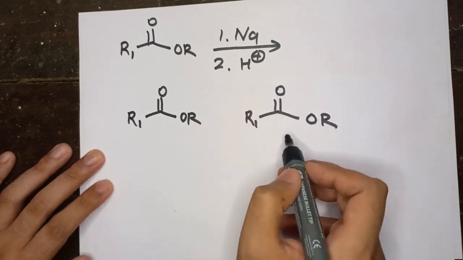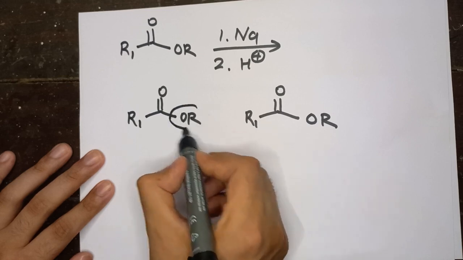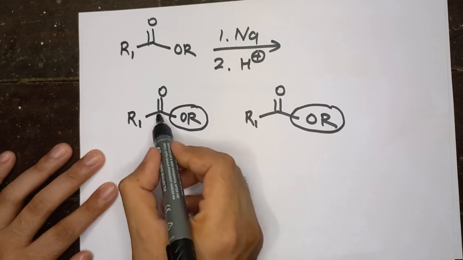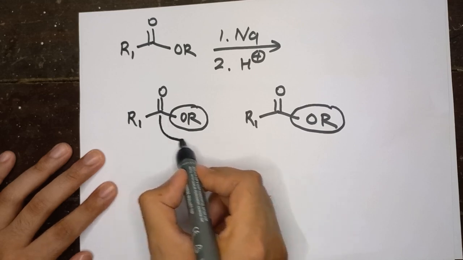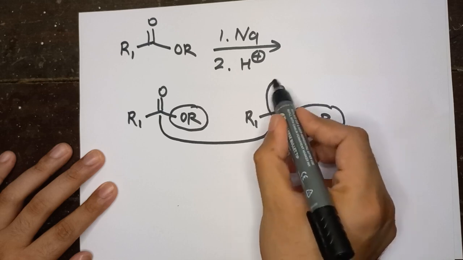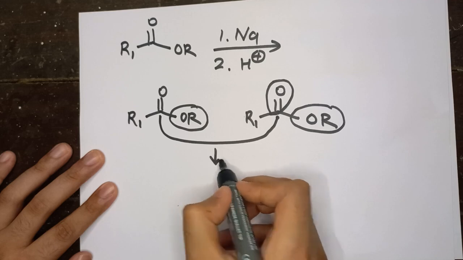Now to immediately predict the product, you have to ignore this OR group, and you need to connect this carbon with this carbon and convert this carbonyl into OH. So let me write what I'm saying.